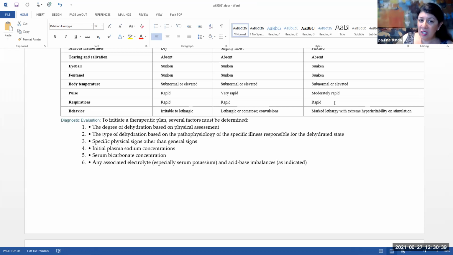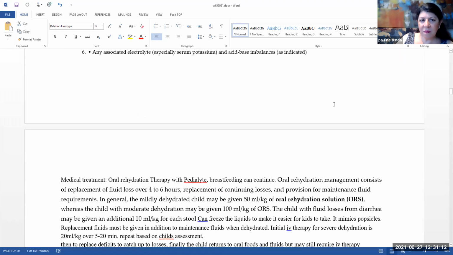The degree of dehydration based on physical assessment, the type of dehydration based on the pathophysiology of the specific illness responsible for the dehydrated state, specific physical signs other than the general signs, the initial plasma sodium concentrations, serum bicarbonate concentration, and any other associated electrolyte and acid-base imbalances. And especially when we're talking about electrolytes, we want to pay close attention to that serum potassium level.